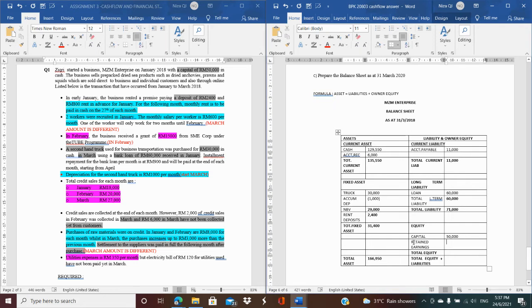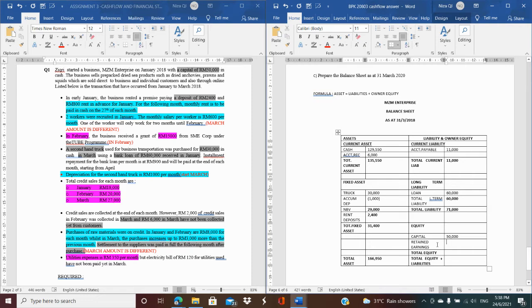Now what is the retained earning? Under equity, there will be retained earning. Retained earning is actually the net profit after deducting any payment of dividends to the owner. So what is the retained earning for that company in March?